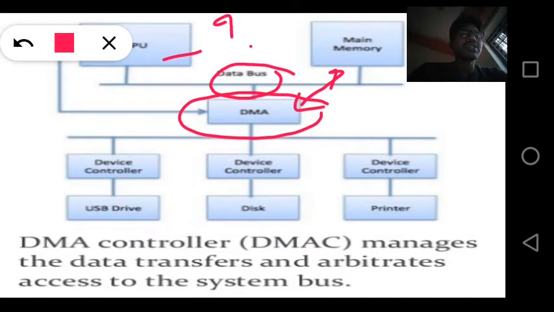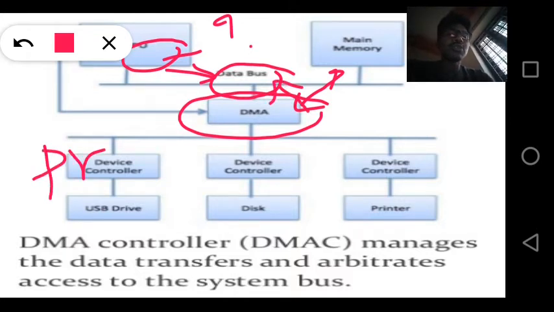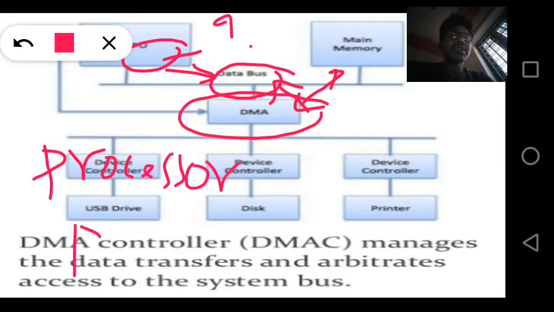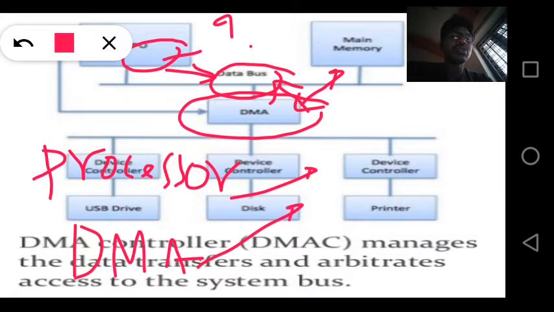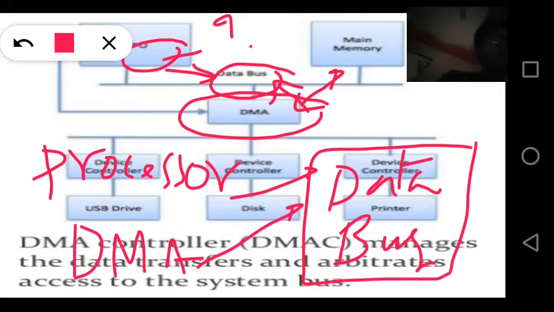The processor and DMA both are competing for the data bus.